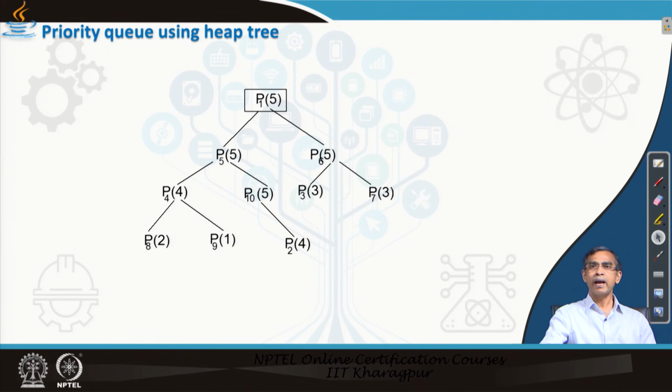It is a priority-based queue implementation where an element is removed or added according to priority. That will be discussed in detail later on.